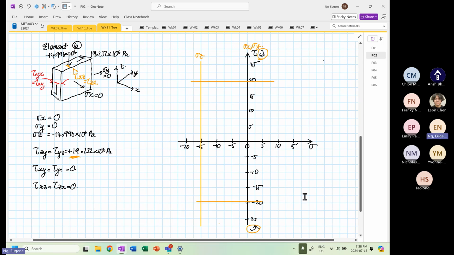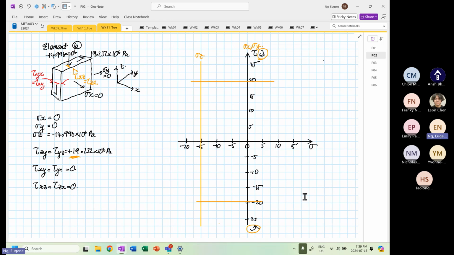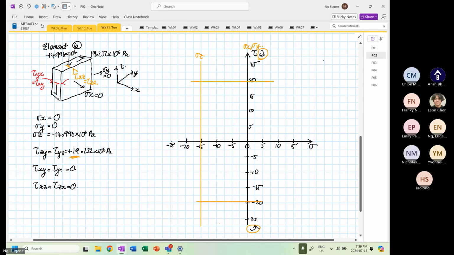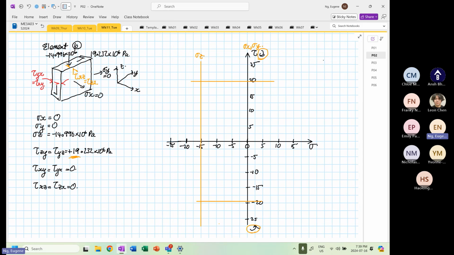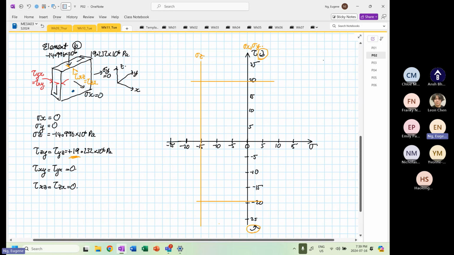So from here, I think I might need to draw this up to minus 25. So from here, we are now going to calculate, or we are going to determine. So usually what we do is we will label this surface as our point X on the Mohr circle, right?